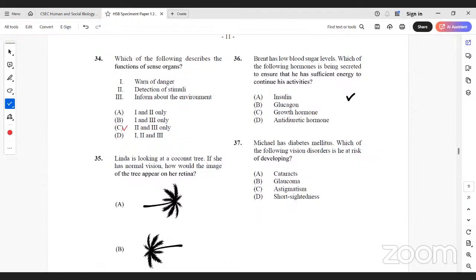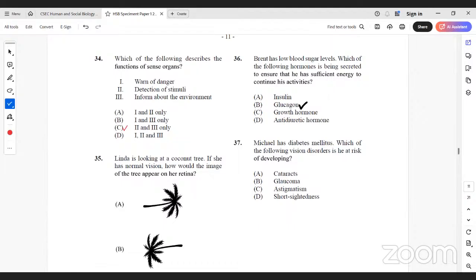And I hope persons are thinking, to get the energy, he needs to break down his stored sugar. Sugar is stored in the body as glycogen. So he needs to break down the glycogen to glucose. And the hormone that breaks down glycogen to glucose is glucagon.